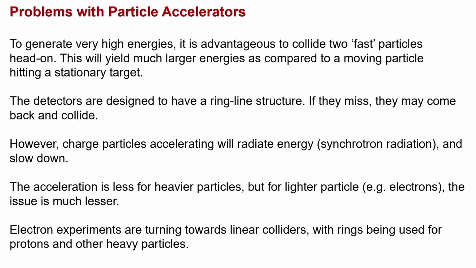If you want to generate very high energy, it is advantageous to collide two fast particles instead of one fast particle hitting a stationary target, because the relative energy when two particles are moving in opposite directions produces much larger energies than a stationary target being hit by a fast moving particle.